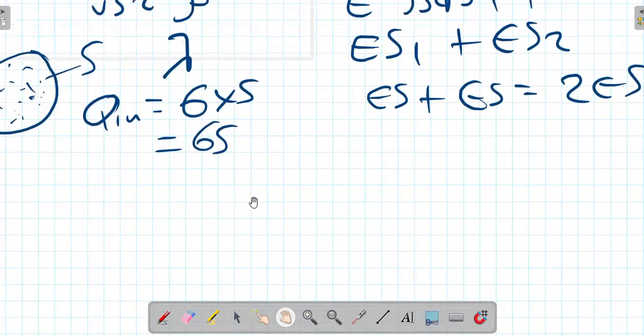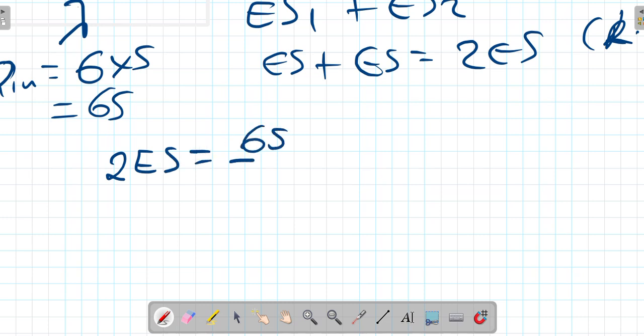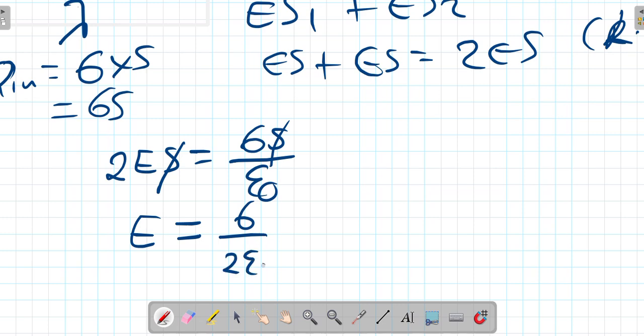So the left hand side had 2ES, then the right hand side had Q_in, which is sigma S over epsilon 0. Now, don't forget what we're calculating. We're calculating E, the electrostatic field. So E will be equal to this, and this S and this S can cancel. You're going to have sigma over 2 epsilon 0.